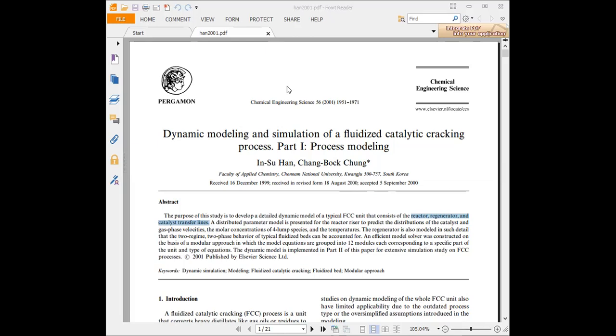You can understand. It is non-linear: with a small change, let's say an increase or decrease in one of the variables, there is a large change in the output. Okay, so this type of modeling is to be done in terms of dynamic modeling and simulation.